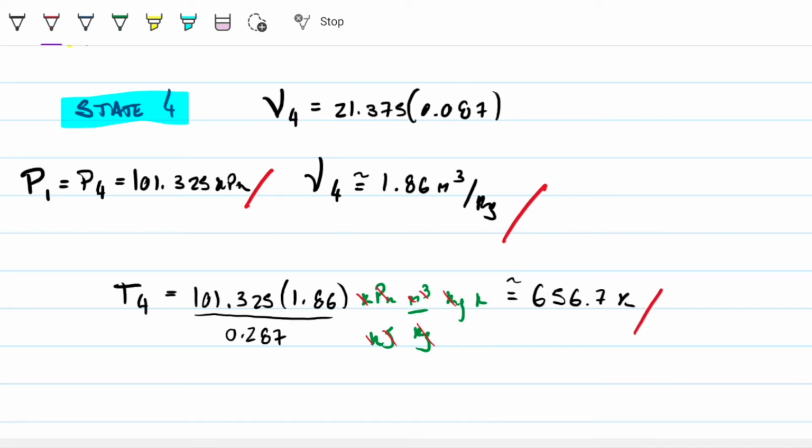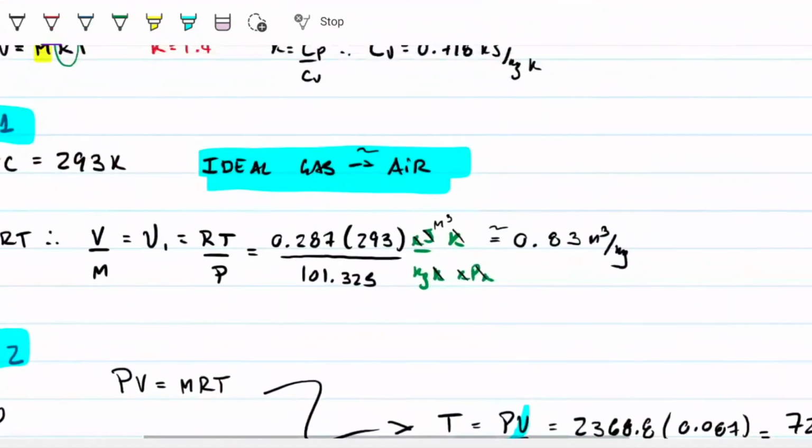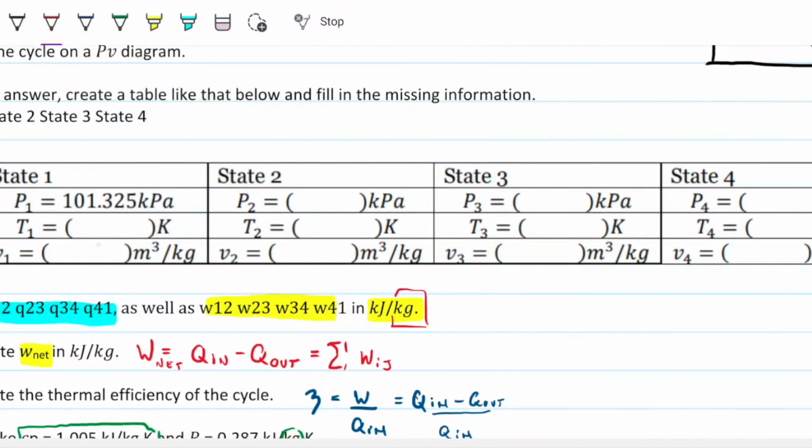So we need to find the whole thing. We can fill that table up now, the one that was asked from the start, because we have all pressures and specific volumes and temperatures for all the states. So where were we? Here we are. Okay. So this one is 20 Celsius, so this is straightforward, 293. This one we found to be 0.83. This one we found to be 2,368.8. This one we found to be 1.1.